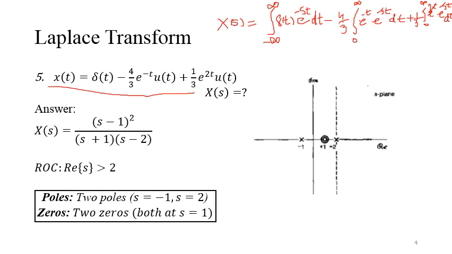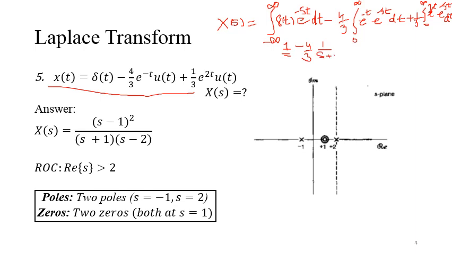Once we find this limit, I hope you understand, for the first term I'll get 1, and we have region of convergence for this one as the whole S plane. For the second term we have minus 4/3 times 1 over S plus 1.